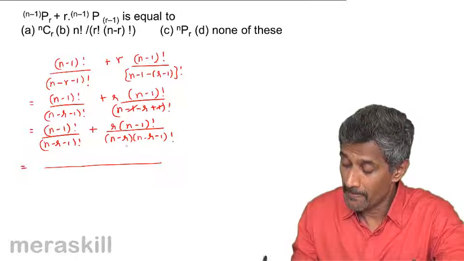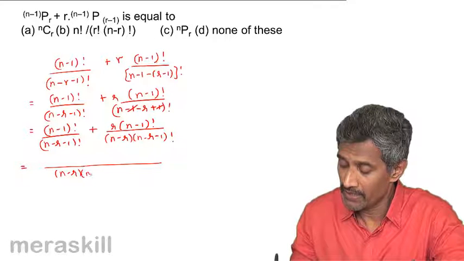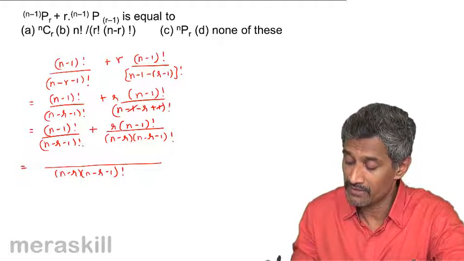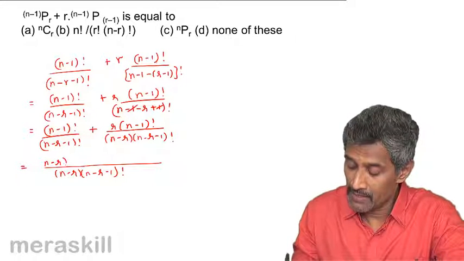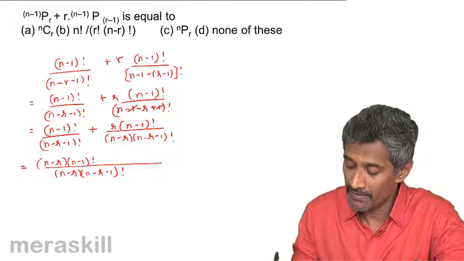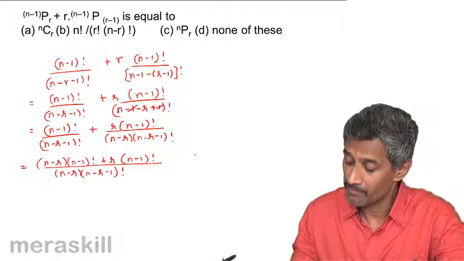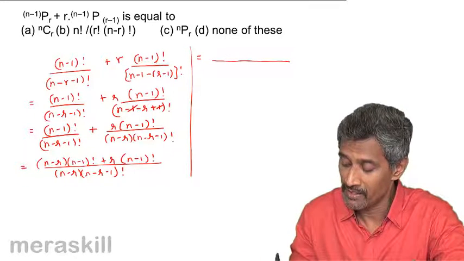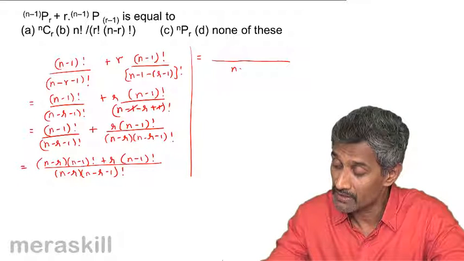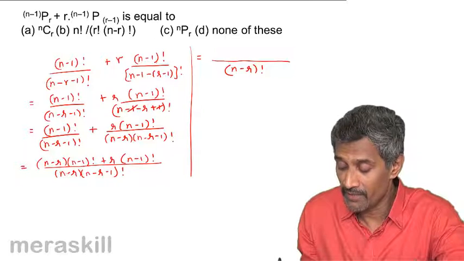Eventually it is (n minus r) into (n minus r minus 1) factorial divided by this. This divided by this gives you (n minus r) into (n minus 1) factorial plus r times (n minus 1) factorial. This, on simplification, denominator is (n minus r) into (n minus r minus 1) factorial, which is nothing but (n minus r) factorial itself, because it's like telling 6 into 5 factorial can be written as 6 factorial itself.